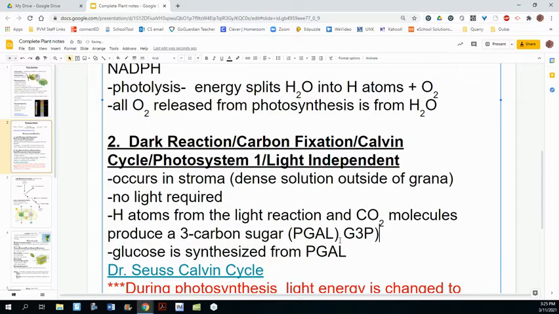It's the same material. It's just different research has abbreviated this in different ways. So PGAL is the same thing as G3P, but having that 3 in there helps us identify a little bit more that it's a 3-carbon compound.